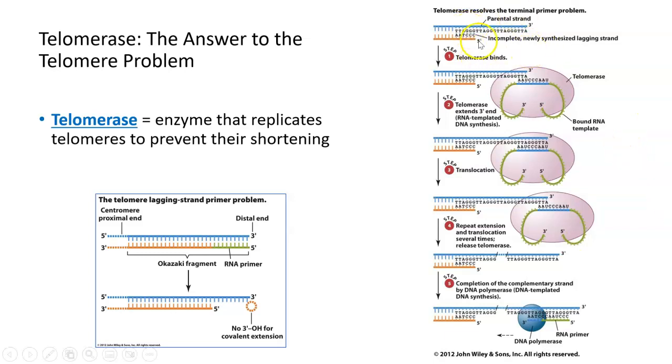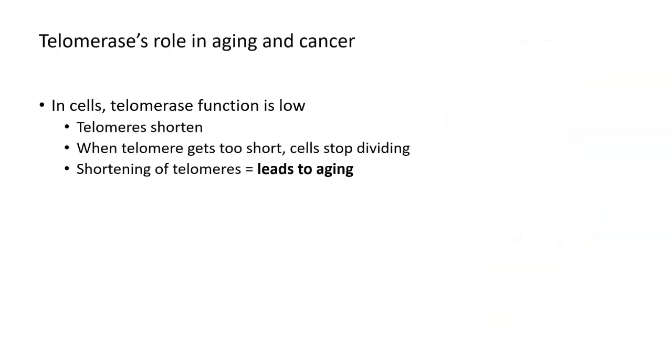Here you can see that incompletely synthesized strand at the top that would have theoretically become shorter with the next round of replication, but this telomerase enzyme can create a complementary piece of DNA that synthesizes that portion of the telomere so it doesn't shorten. The existence of telomerase solves the telomere problem. It allows replication of telomeres and stops them from getting shorter and shorter.